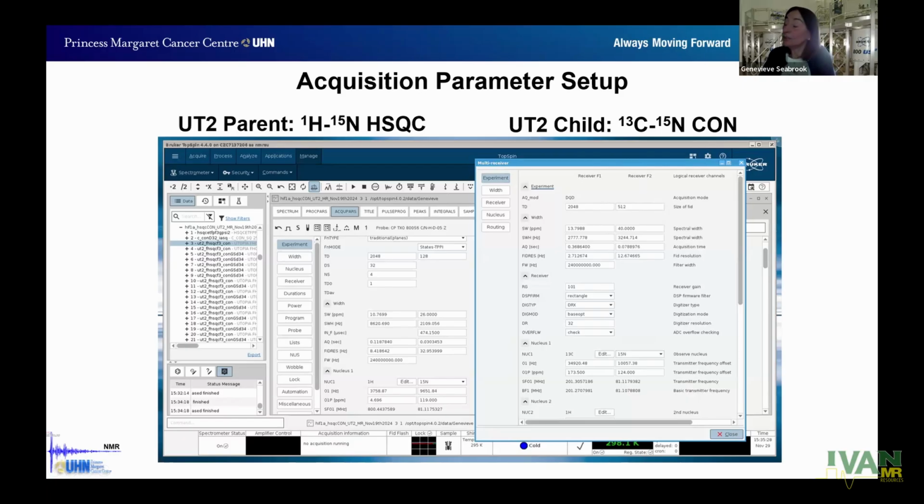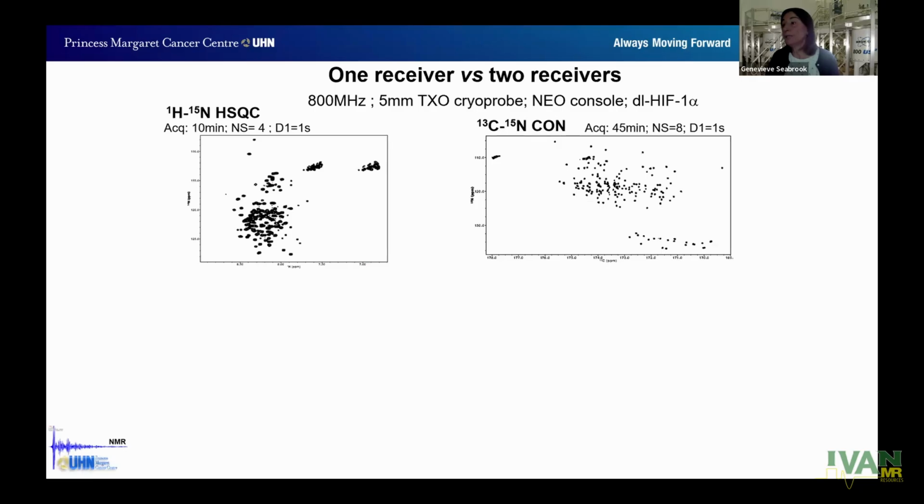But the one delay you really need to pay attention to is the delay that sets up the SW dimension for the nitrogen. At the beginning I had some issues with that because I did not realize that delay had to be adjusted. But once I found out, it was all very straightforward. It is actually pretty straightforward to set up this experiment.